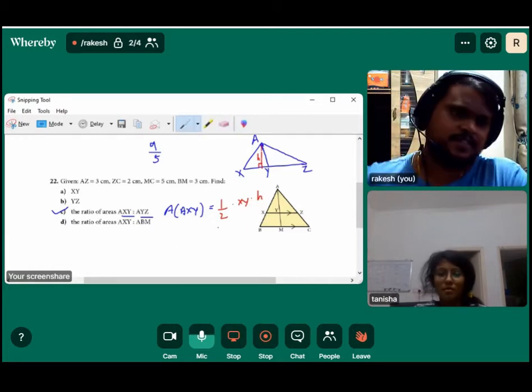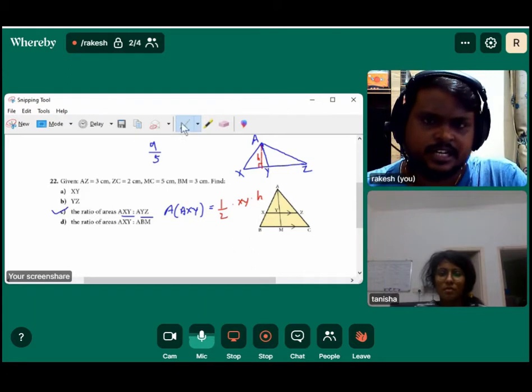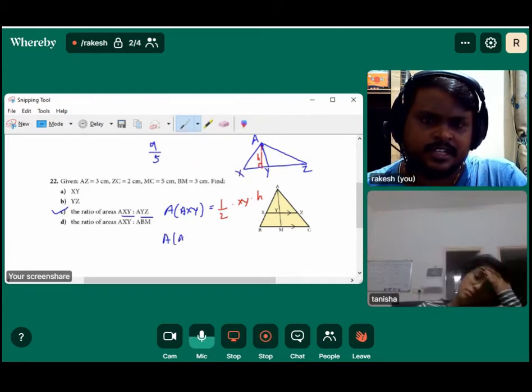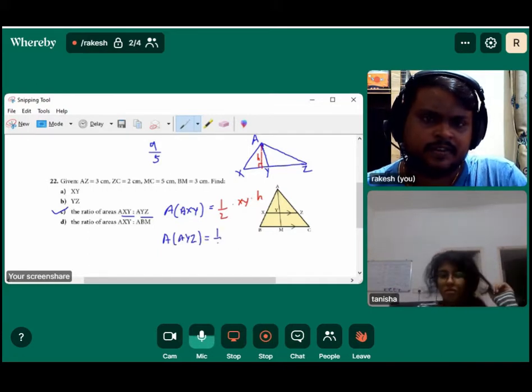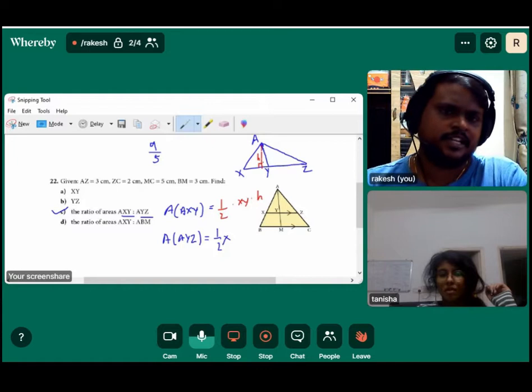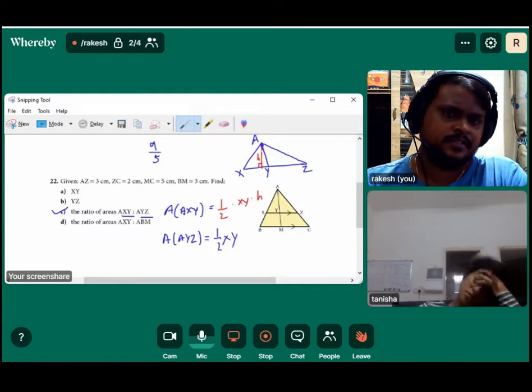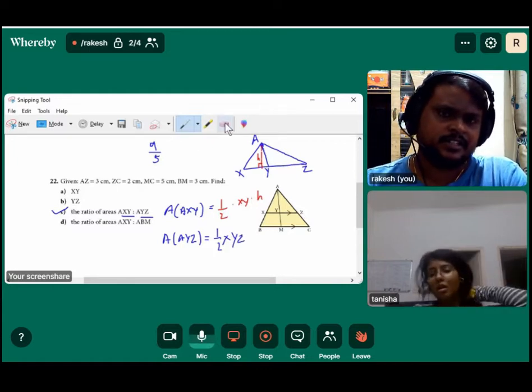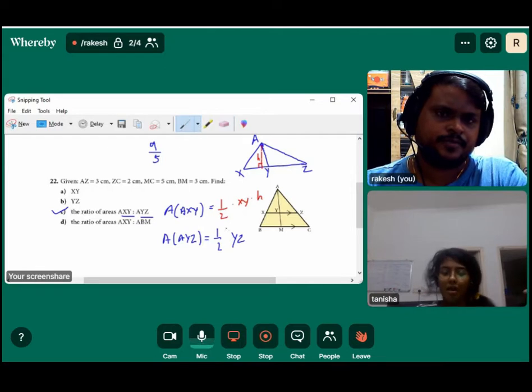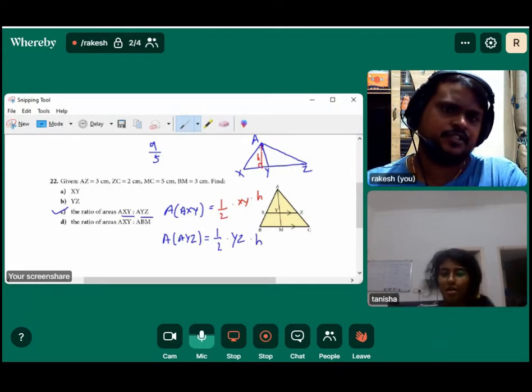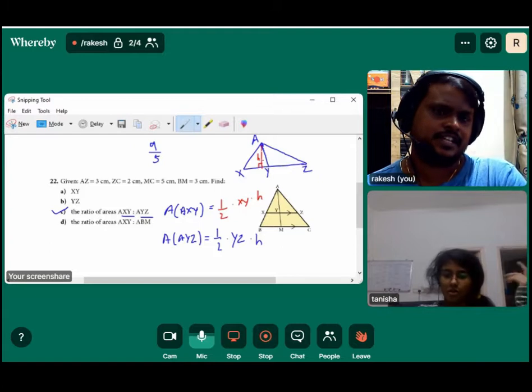So half XYH, and the area of AYZ is half YZ into H, because the height of this triangle is also H.